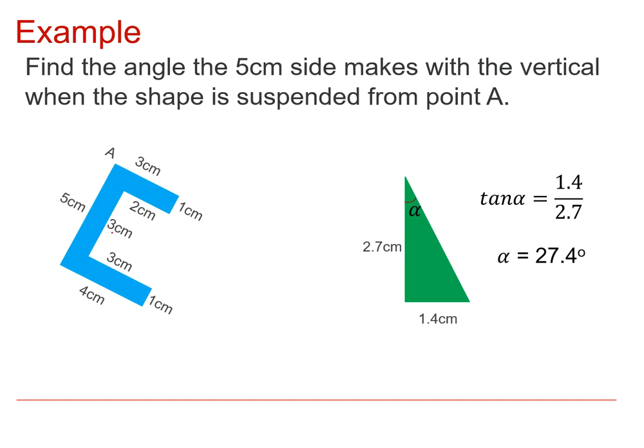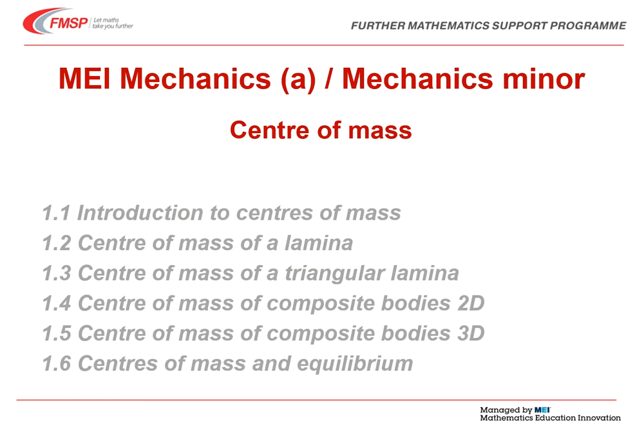The centre of mass was around about there. We can now see that that is the vertical line, and this angle here is 27.4 degrees. So that concludes video 1.6, centres of mass and equilibrium, and concludes the topic centre of mass.